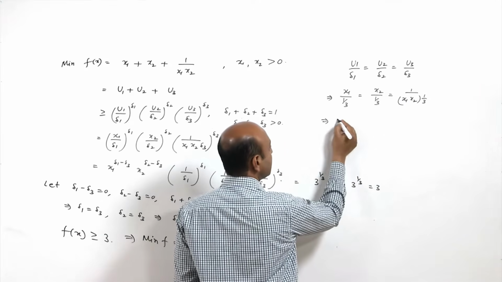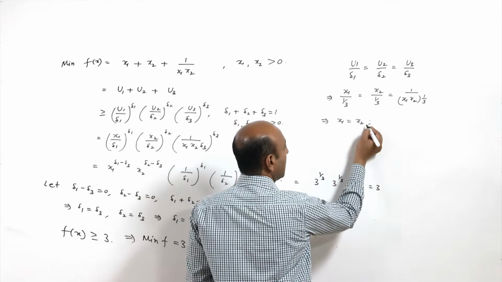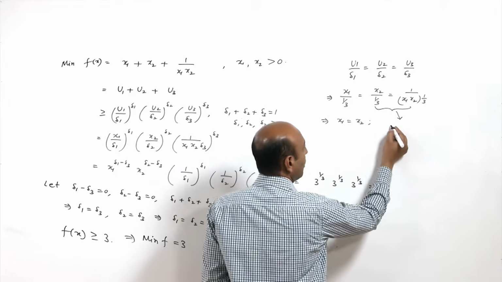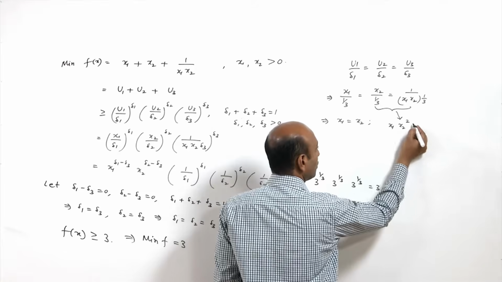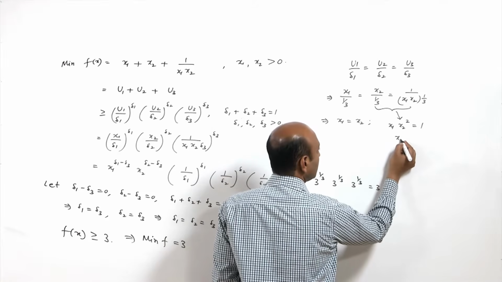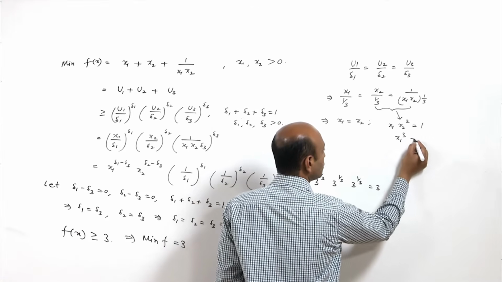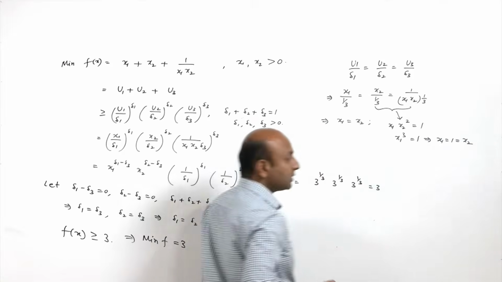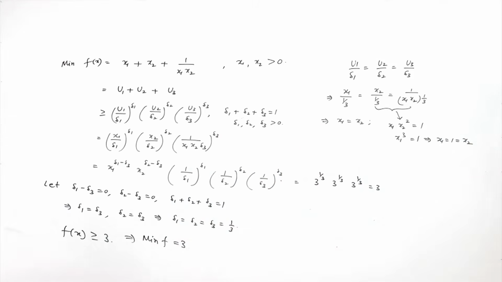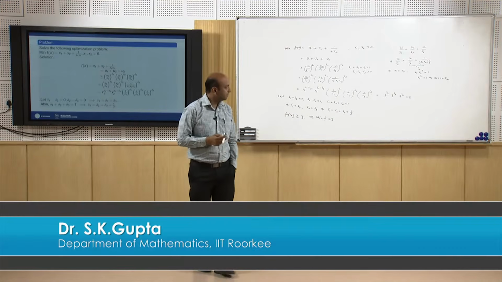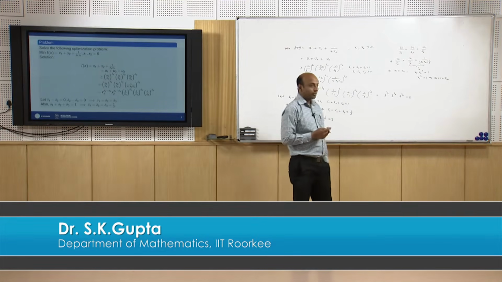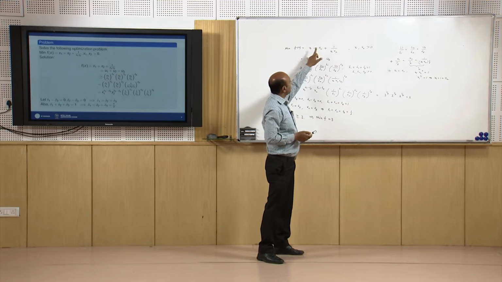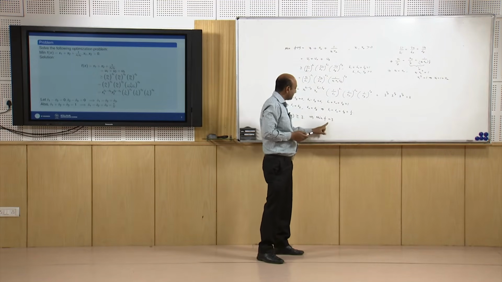So, this implies x1 equal to x2, and when you take these two expressions, we obtain x1 into x2 squared equal to 1, that is x1 cubed equals 1, which implies x1 equals 1, which is equal to x2. So, x1 equals x2 equals 1, and this is the optimal solution of the problem. When x1 and x2 both are 1, then 1 plus 1 plus 1 is 3, which is the minimum value of f.